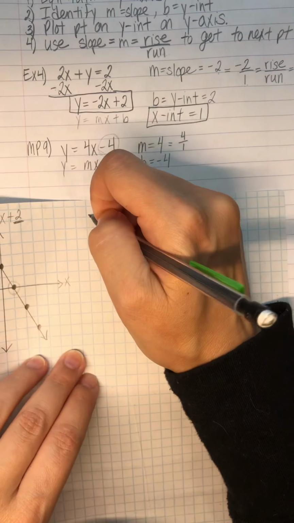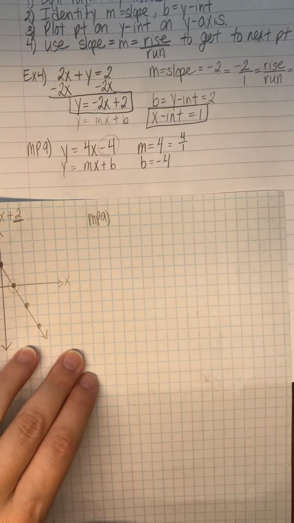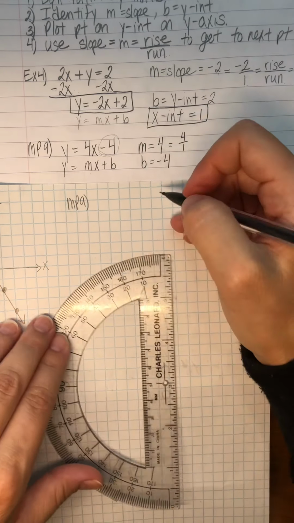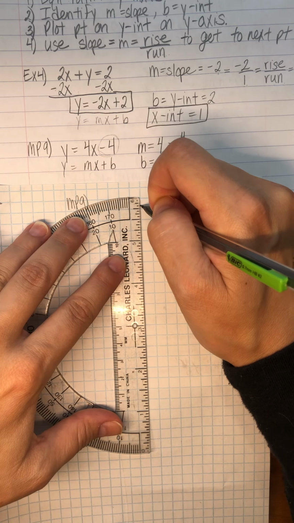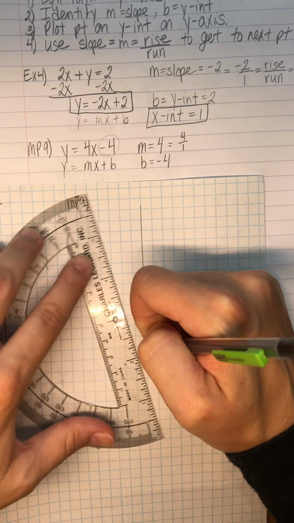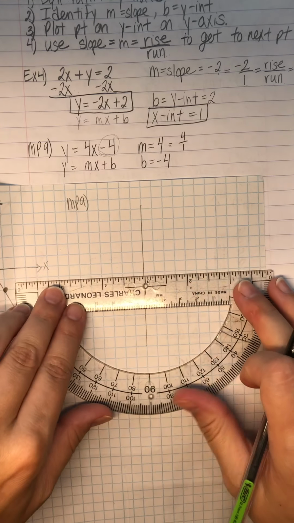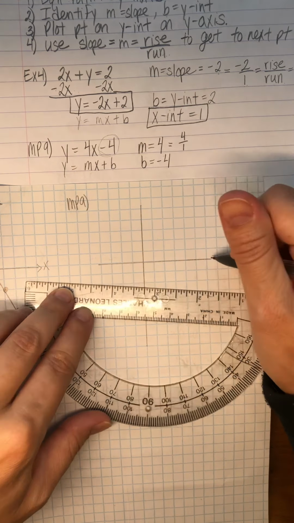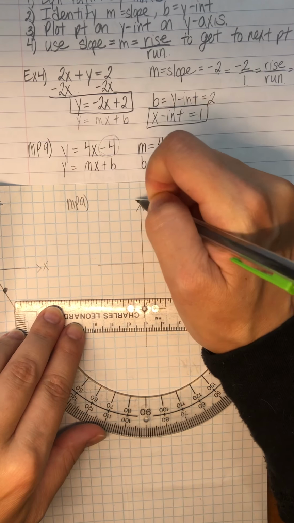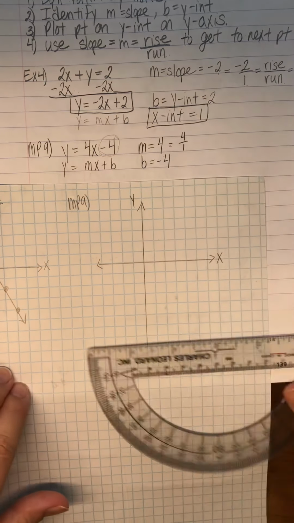I'm going to go over to my graph paper. Let's draw our coordinate plane on here. Label my axes x and y.